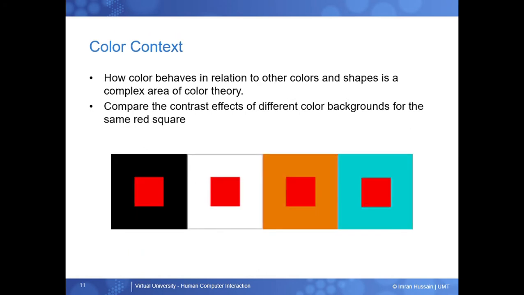Okay. So next, we have what we call the color context. So how color behaves in relation to other colors and shape is a complex area of color theory. Compare the contrast effects of different color backgrounds for the same red square.